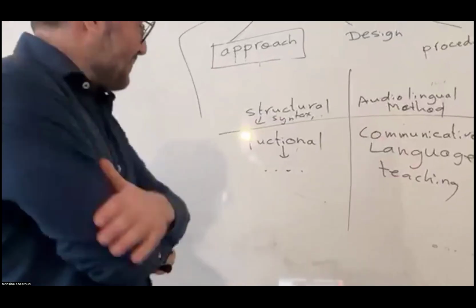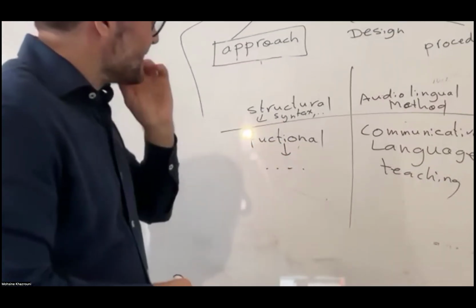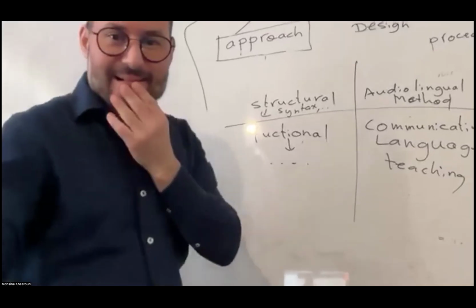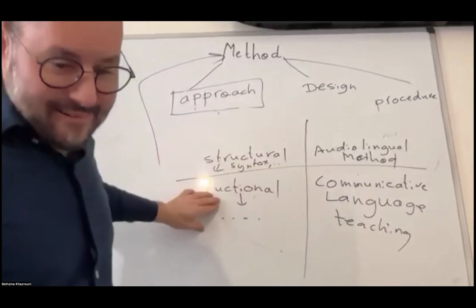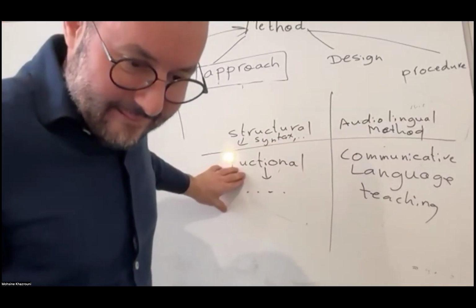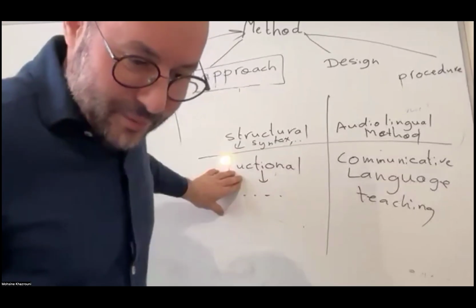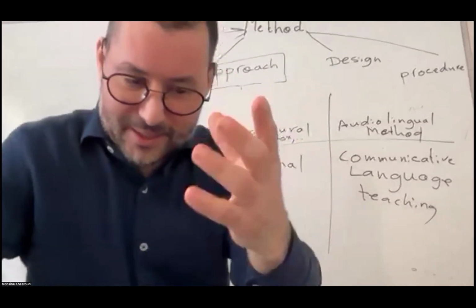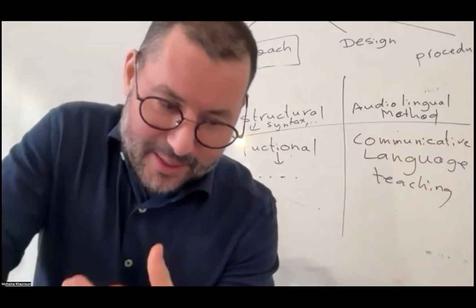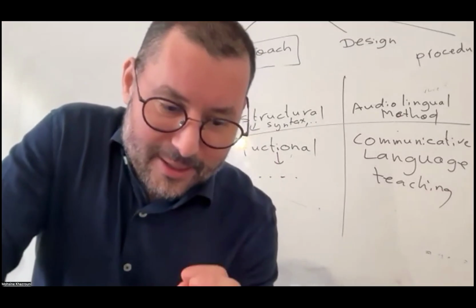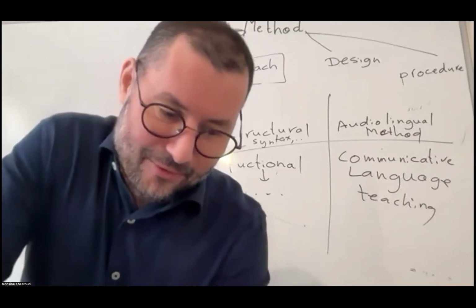The functional theory views language not merely as a system of grammatical rules, as structuralists do, but primarily as a means for communication and social interaction. Good. In other words, the focus is more on the communicative dimension rather than merely the grammatical characteristics of language.